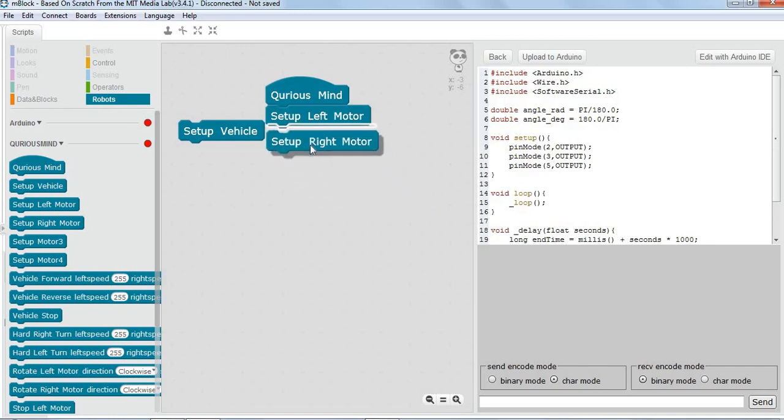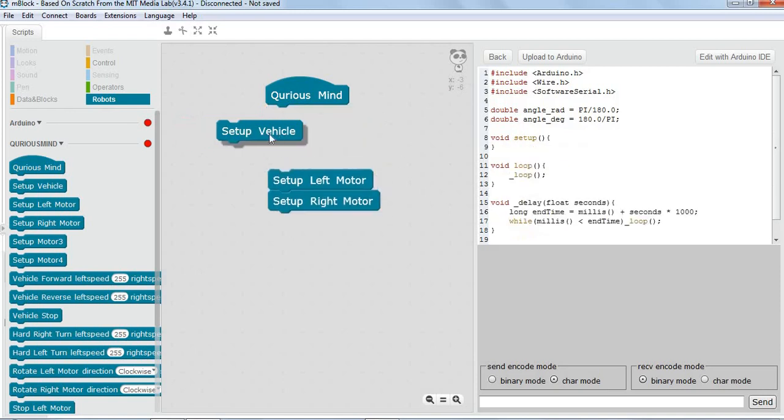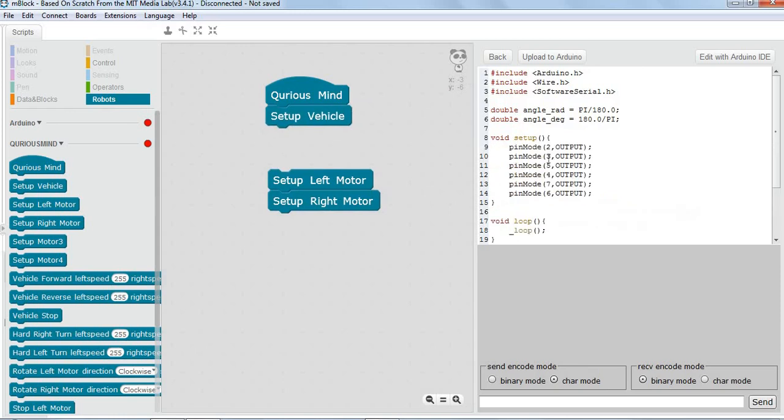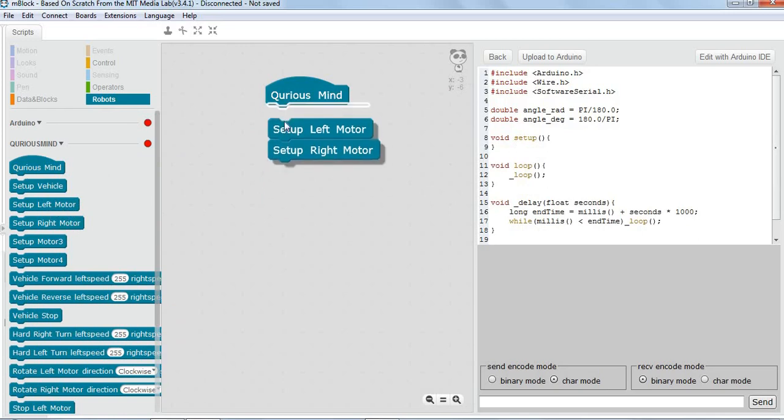And if I attach right motor, I am setting up 4, 7, 6, another 3 pins. So 3 pins for left motor, 3 pins for right motor. And the same thing was achieved by setup vehicle, 2, 3, 5, 4, 7, 6, left motor, right motor. So actually there is very little difference between this single block and using these two blocks together.